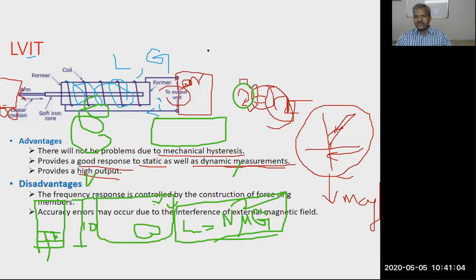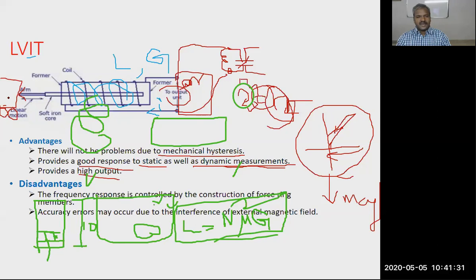You know the tank circuit. One inductance and a variable capacitance. So this variable inductance can be replaced by this LVIT.